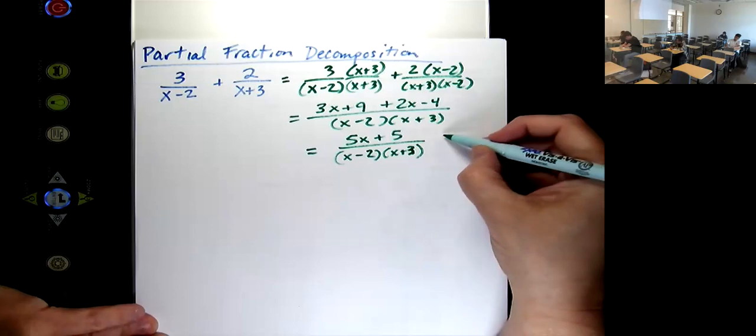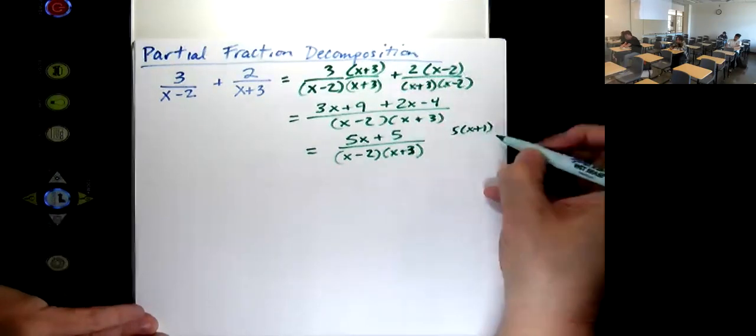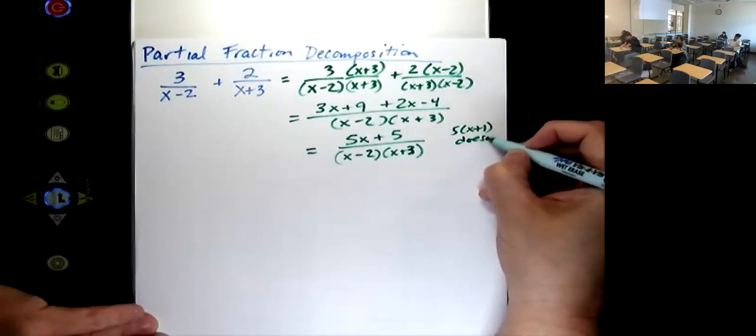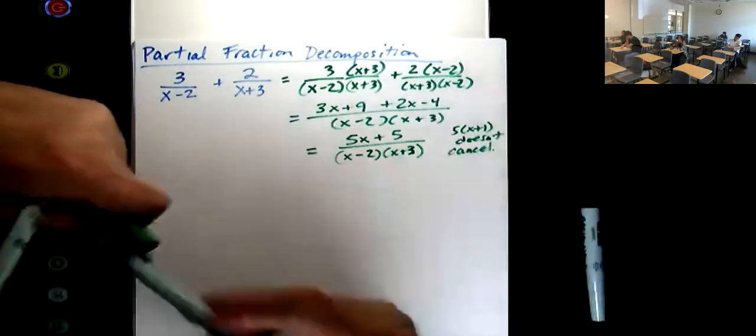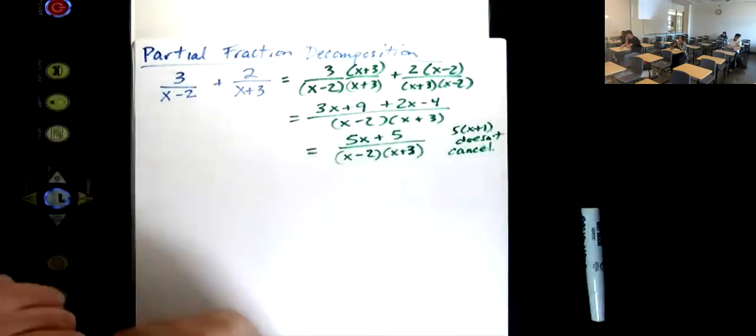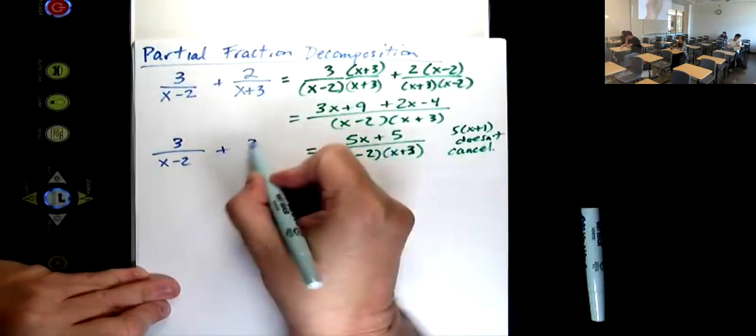I could factor it and do like 5 times x plus 1, but it doesn't cancel anything out, so I'm not going to do it. My left side is still 3 over x minus 2 plus 2 over x plus 3.